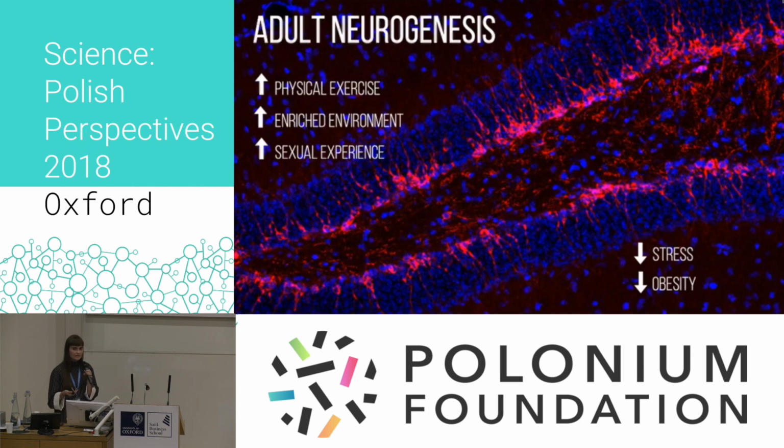So why do we really need these adult-born neurons? They've been implicated in a number of behaviors connected with memory and cognition. That's why we could assume that adult neurogenesis could be implicated in the pathophysiology of autism.